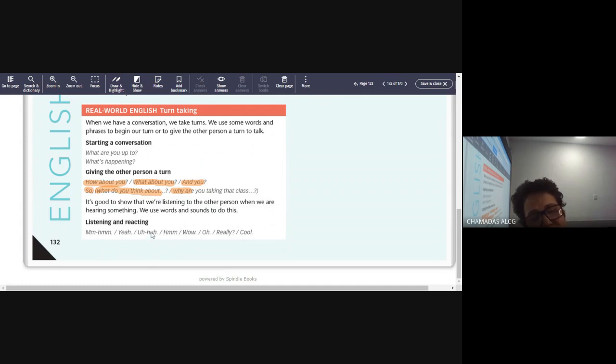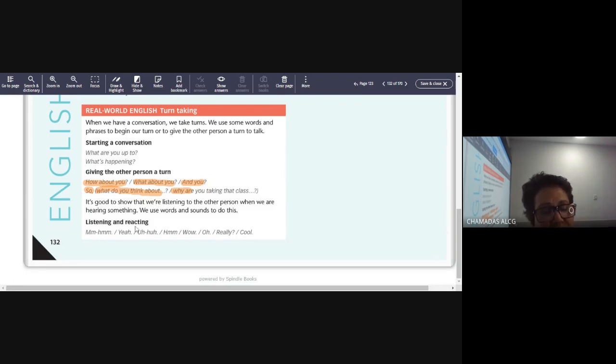Porque são fillers, são interjeições, são às vezes algumas reações que a gente tem que vão mostrar que a gente está realmente ouvindo. Então, por exemplo, esse aqui é o básico, né? Uhum. Você está ali fazendo não sei o que no seu celular, alguém, a sua mãe, fala com você, você, ok, aham, aham, né?